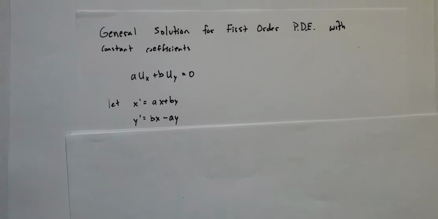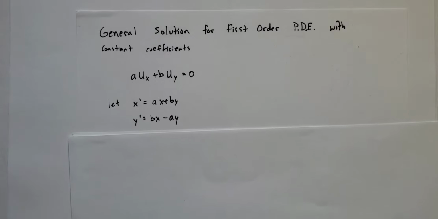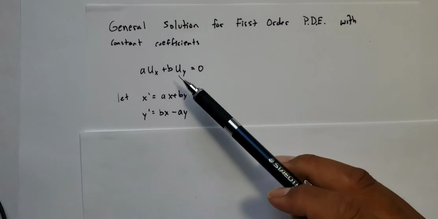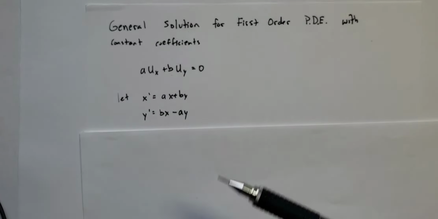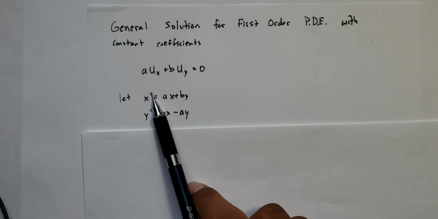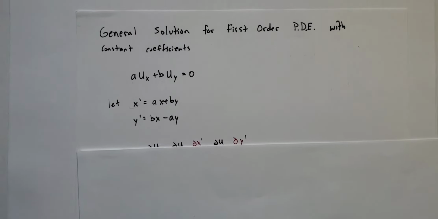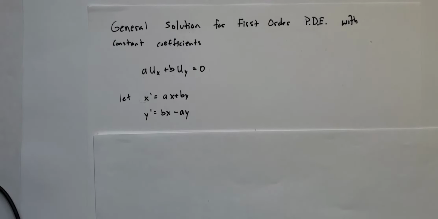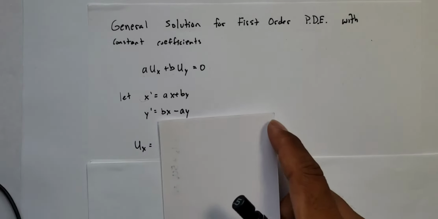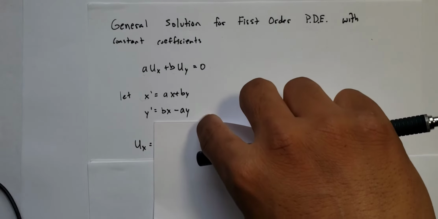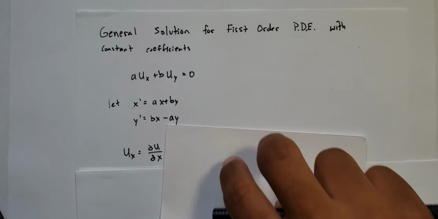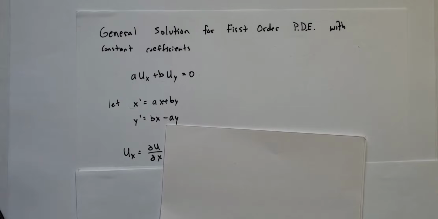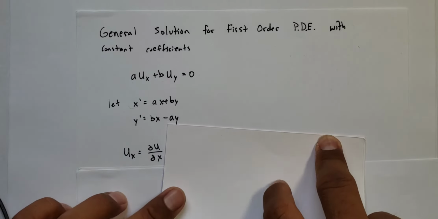Now, what you want to do first is change the variable. So instead of working with u of x and u of y, you have to work with x prime and y prime. So let's do the change of variable formula.